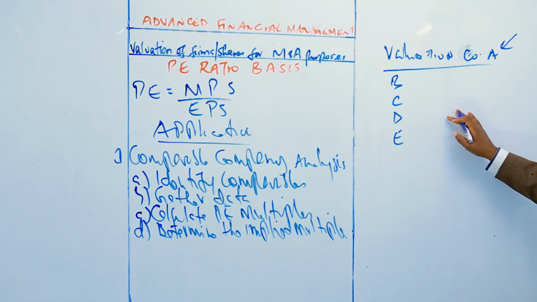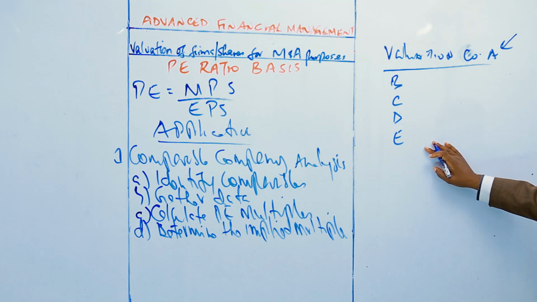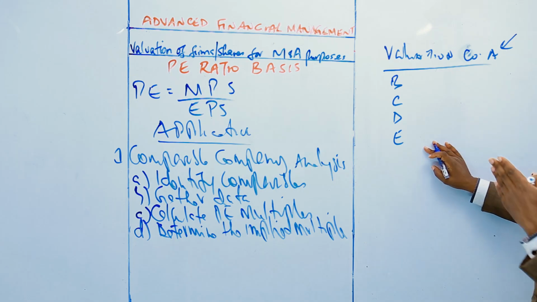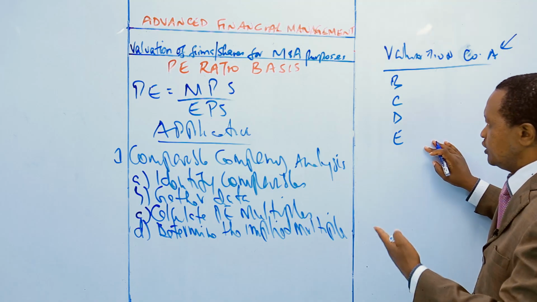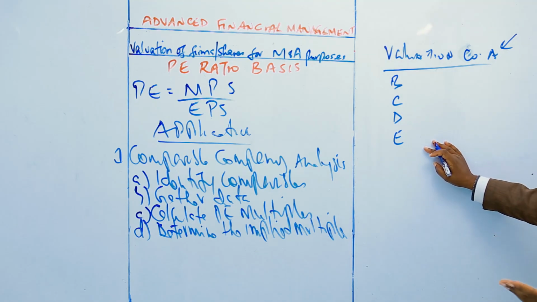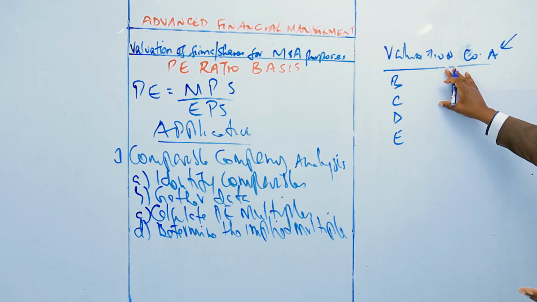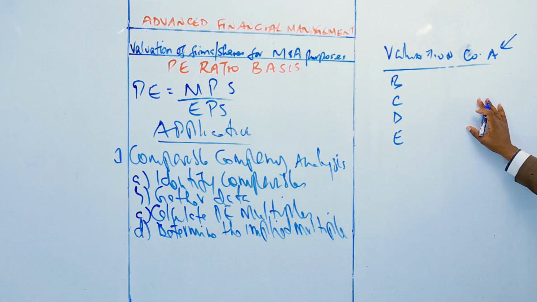Then gather data about these comparables. Collect financial data for the comparable companies, including their current stock prices, their earnings, and so on. You can take trailing months, for example, 12 trailing months, the 12 months before. Get the data, stock prices, the PE ratios, and all that.